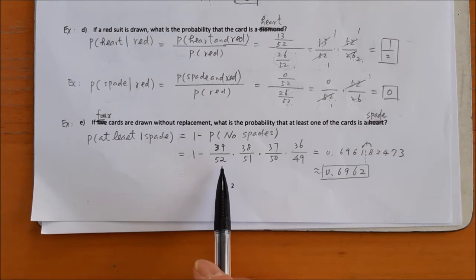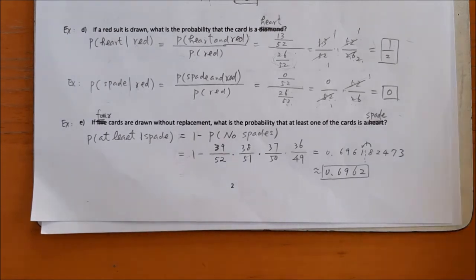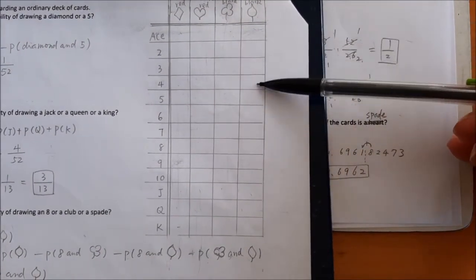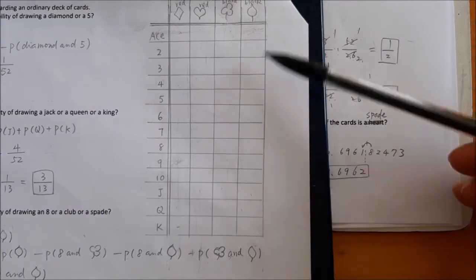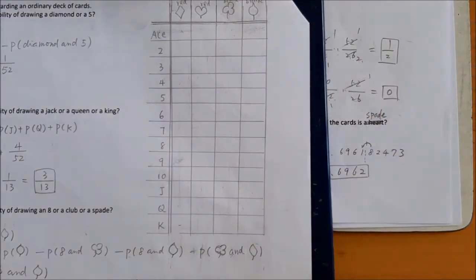You draw the first card and it is not a spade. There are 13 spade cards, and the diamonds, hearts, and clubs are not spade cards.